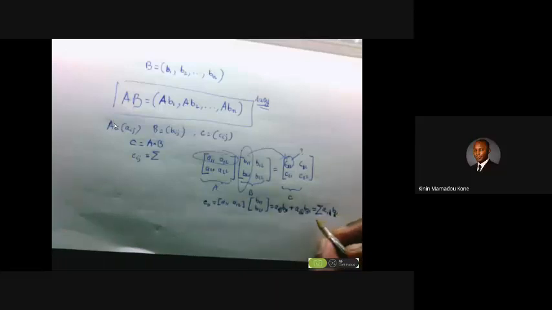So it's like the sum goes from 1 to N, N being the number of columns of A, and at the same time the number of rows of B. So we are dealing with a sum of K going from 1 to N of the product of A and B. Here N is how many data values do we have here?